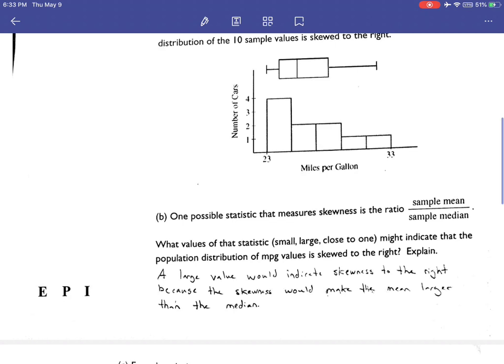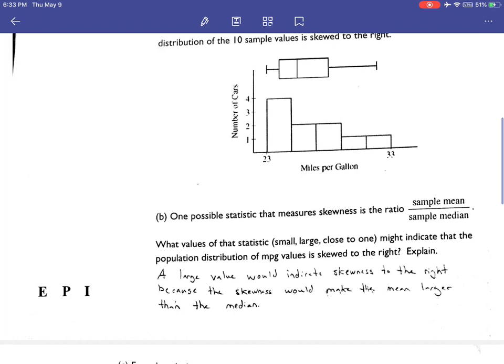Then it says one possible measure statistic. This is a formula they came up with to measure skewness: the sample mean divided by the sample median. Remember, the skewness is going to affect the mean. If it's skewed to the right, it's going to drag the mean higher. If it's skewed to the left, it's going to drag the mean lower. And the median is resistant to that.